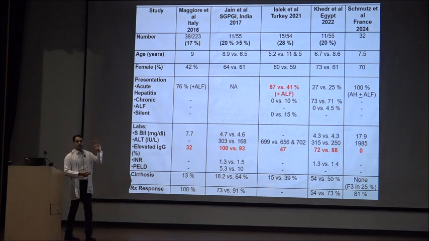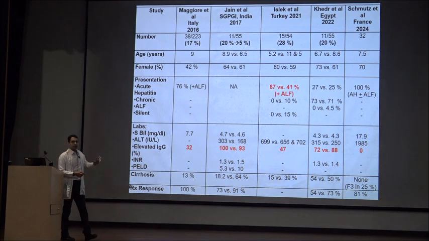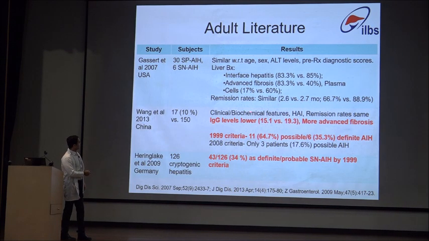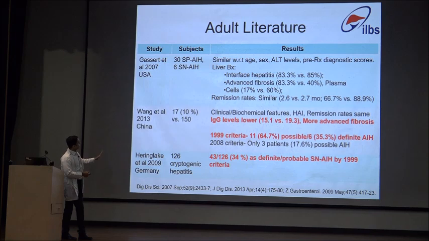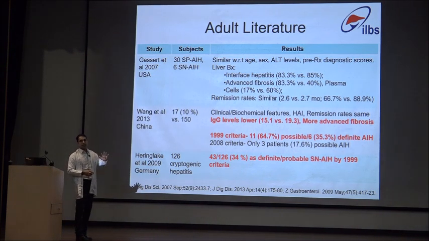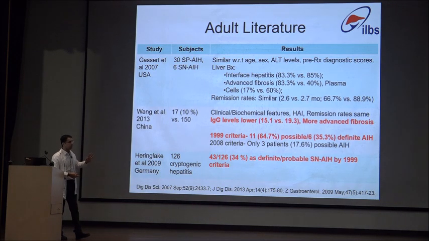So their clinical, biochemical parameters or presentation remained the same. In adult literature also, a couple of series have shown that the IgG levels may be lower, they may have more advanced fibrosis, but overall, with respect to their ALT levels, IgG levels, response to steroids or other immunosuppression therapy, the pattern remains the same.